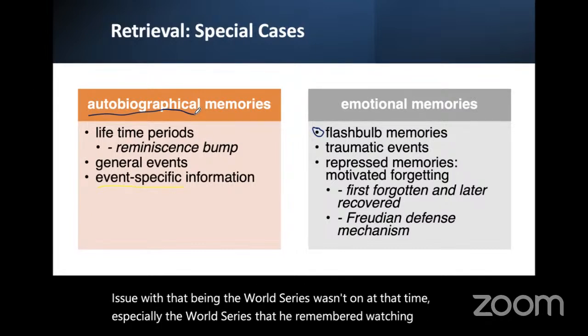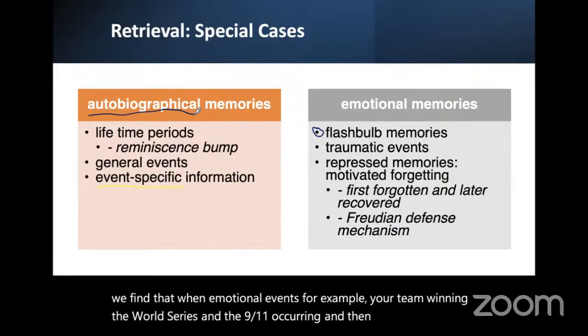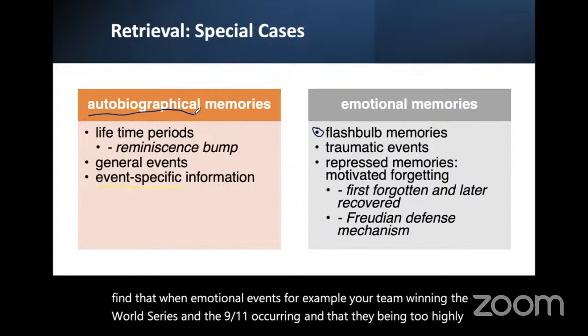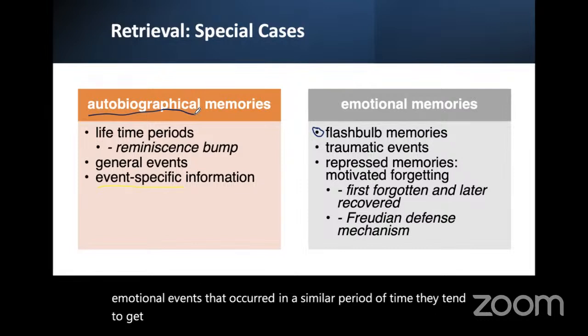And we find that when emotional events, for example, your team winning the World Series and 9/11 occurring, are two highly emotional events that occurred in a similar period of time, they tend to get blended together. They tend to move closer together into one emotional memory.